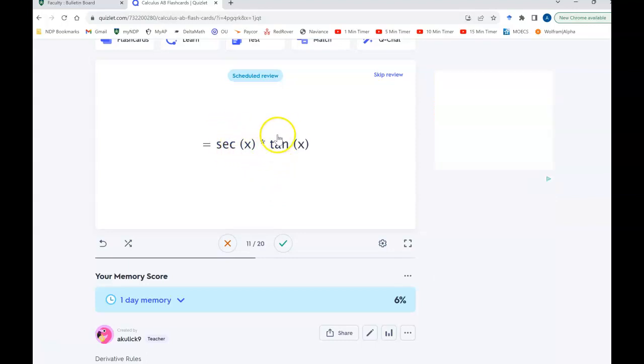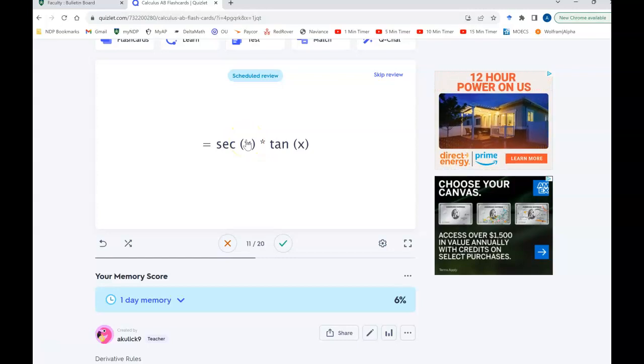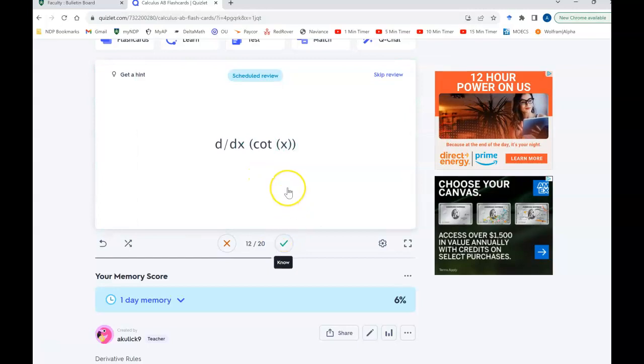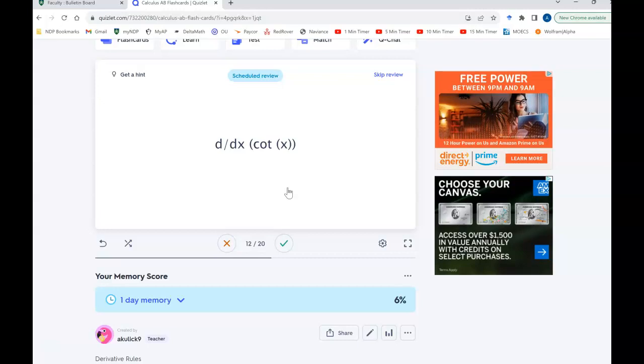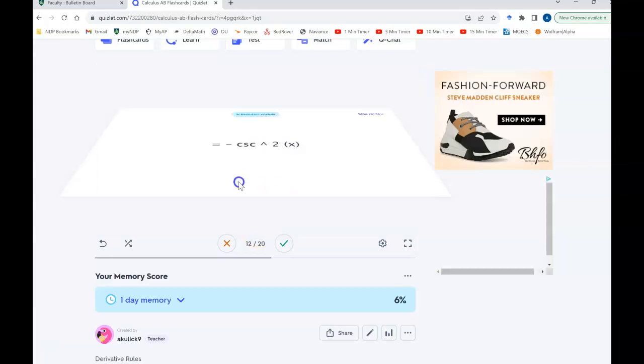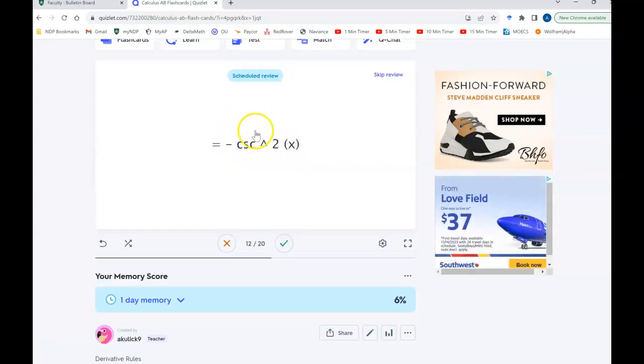Think about it this way. Tangent is sine over cosine. Secant is 1 over cosine. So the cosines on the bottom go together. For cotangent, you have sine over sine on the bottom, so it's negative cosecant squared.